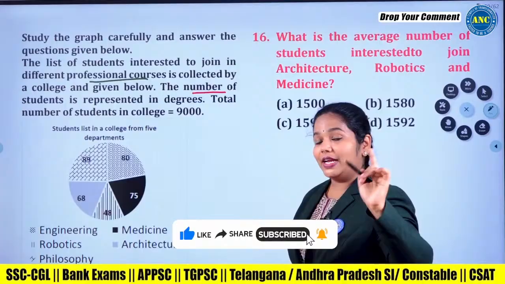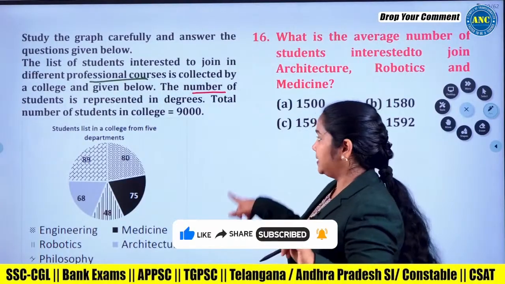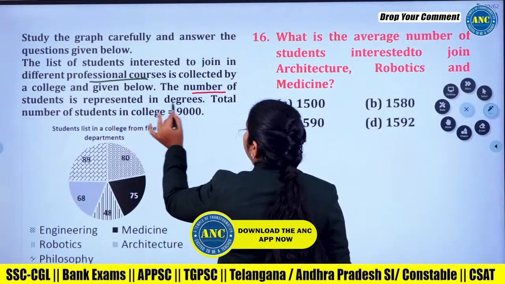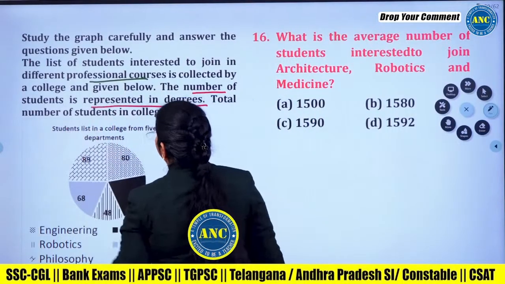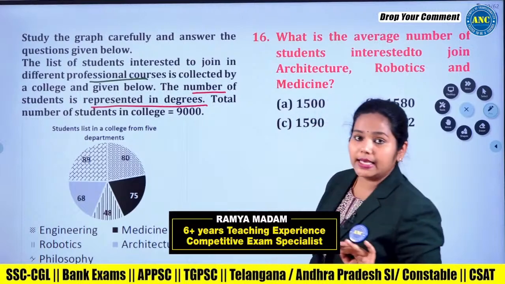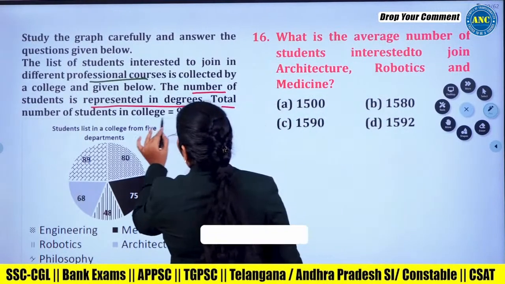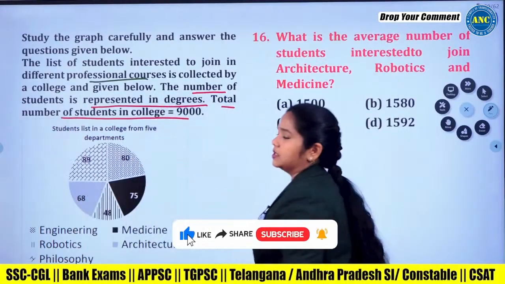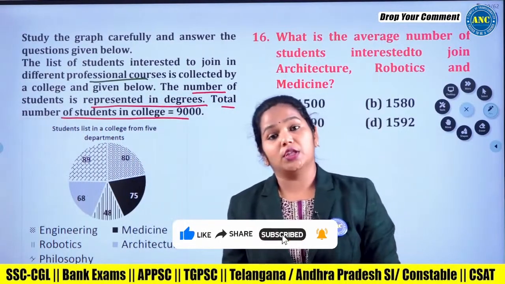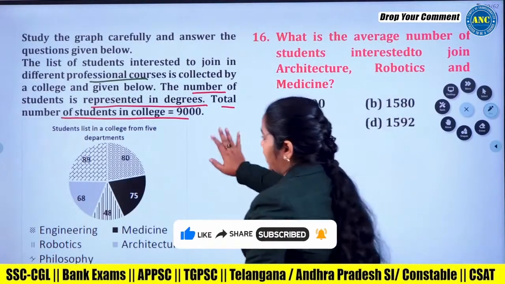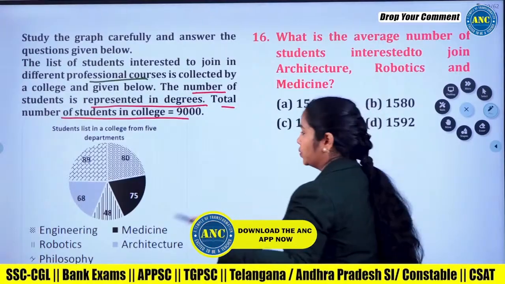The first model we dealt with percentages. In this second model, the number of students is represented in degrees, and the total number of students in the college is 9,000.